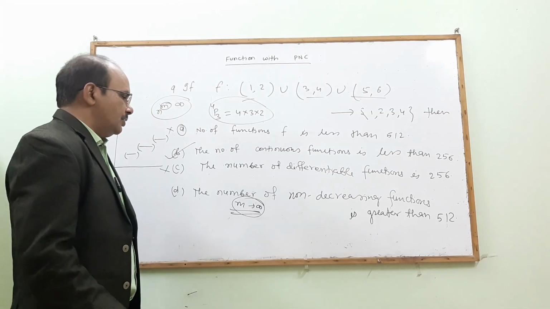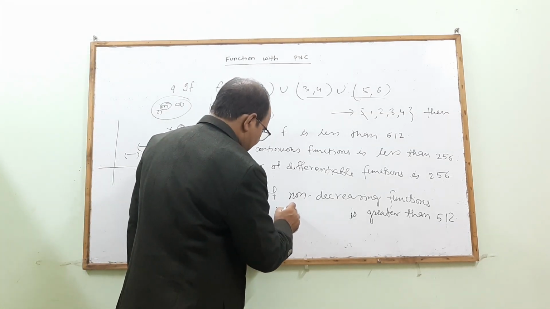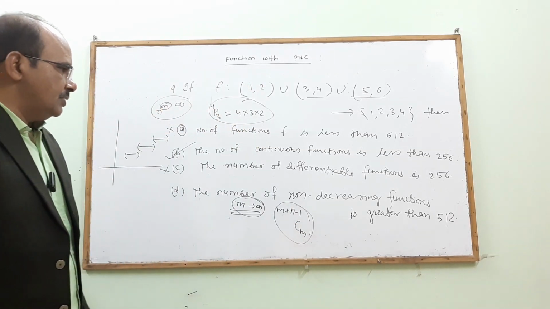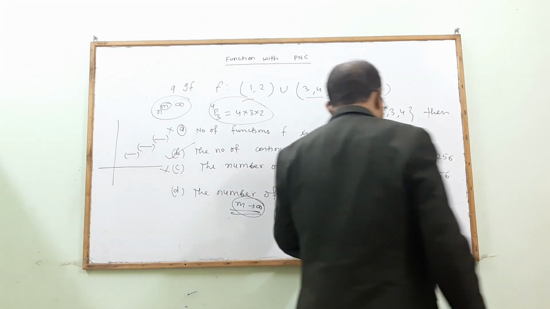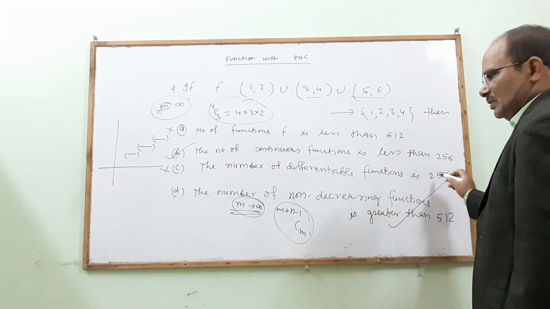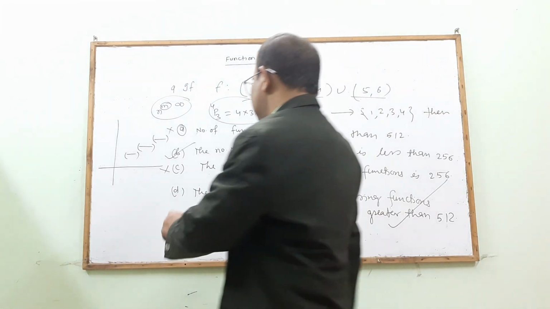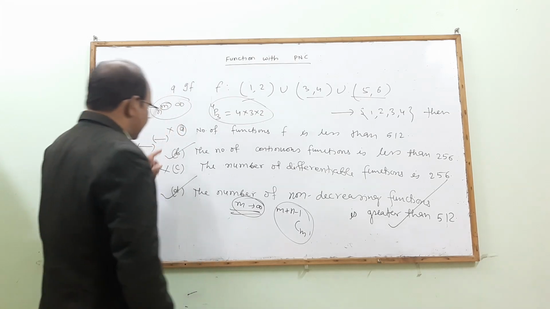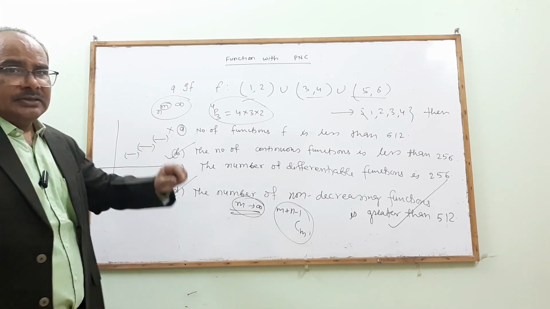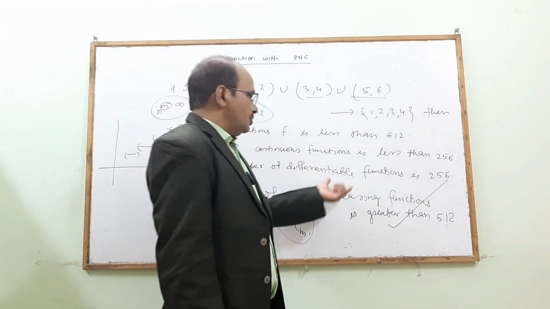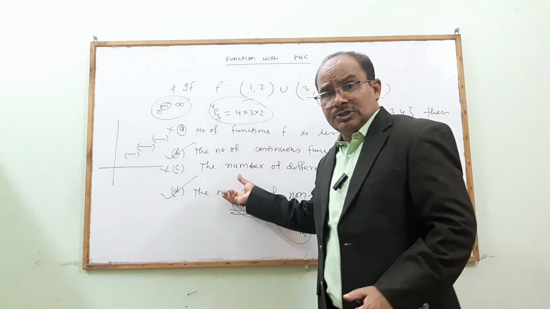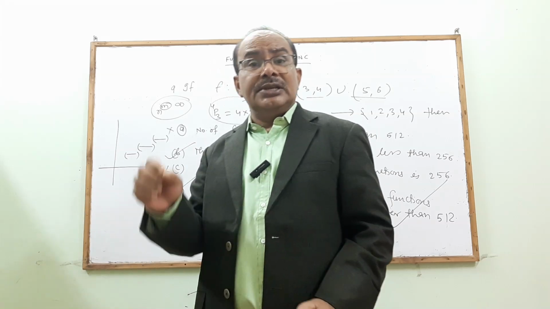So if we are saying m plus n minus 1 C m, obviously it will be infinite and is greater than 512, it is correct. Means this is the correct choice. B and D are correct choices. A and C are wrong choices. You can visualize and analyze this question. Again, we will come with good concepts and good questions in the next class.